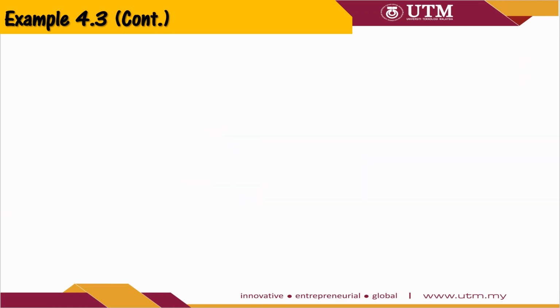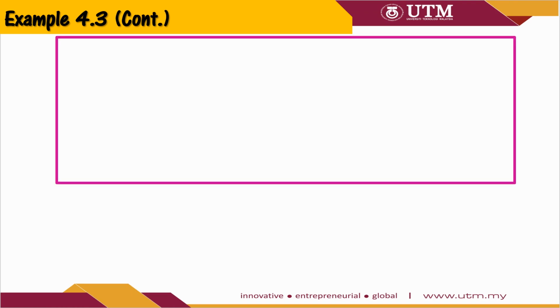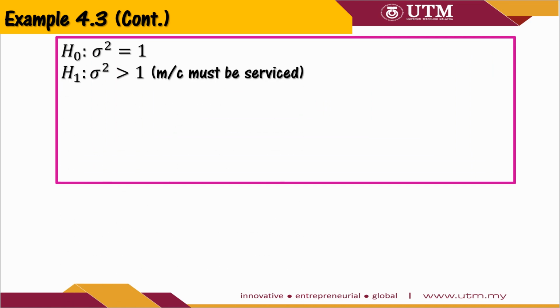Let's look at the complete solution for example 4.3. We already knew the null hypothesis and the alternative hypothesis from the previous slide. We also knew that we should use a chi-square test statistic in this example question. Now we can write the rejection rule.